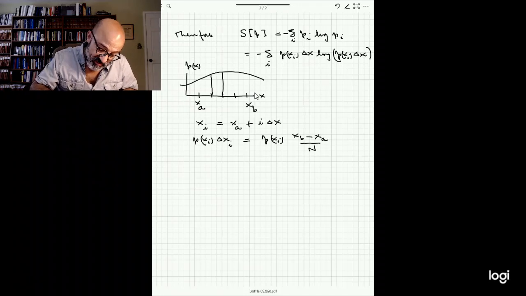So this is delta x for n equal intervals.